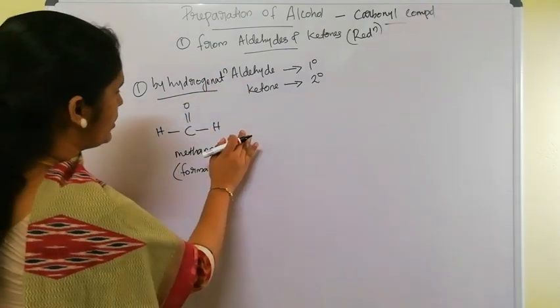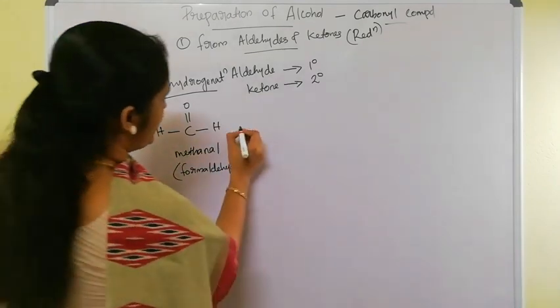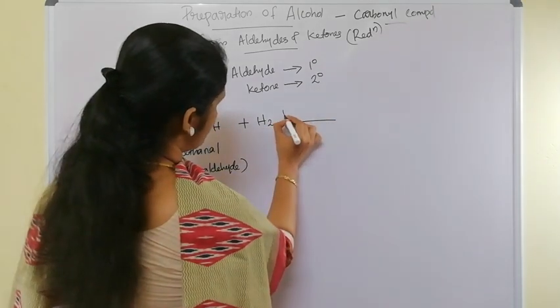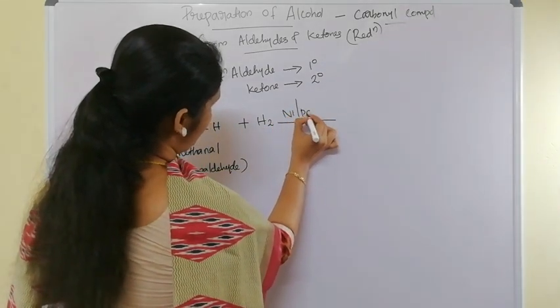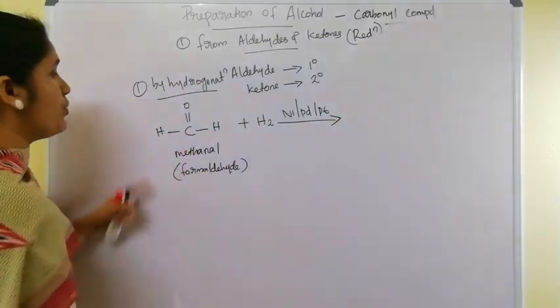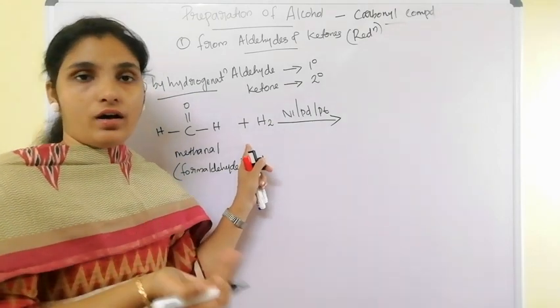So here let's do the hydrogenation reaction for this formaldehyde. Hydrogenation, addition of hydrogen in presence of nickel, palladium and platinum. Then we know aldehydes will give the corresponding primary alcohol.